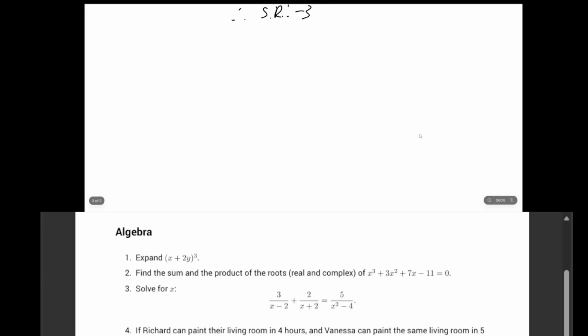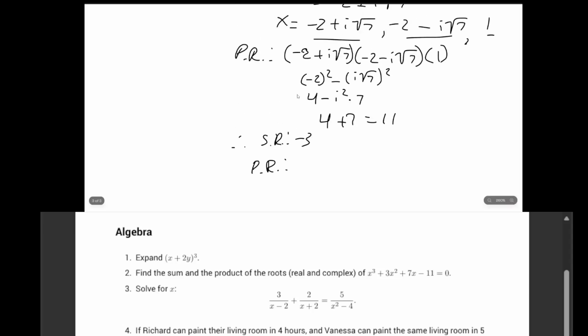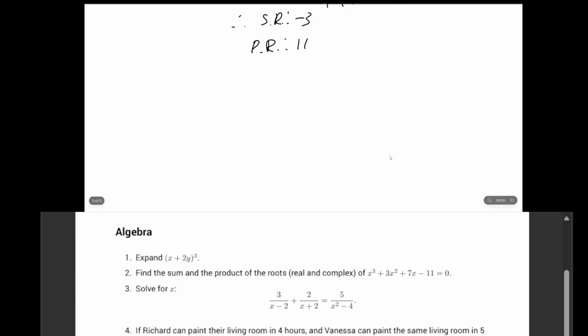Negative 3, and the product of roots is 11. Okay, so this is the long way. This is the really, really inefficient way of doing it. Now, really, the best way of doing it, and it takes like 5 seconds, is using something called Vieta's formulas.